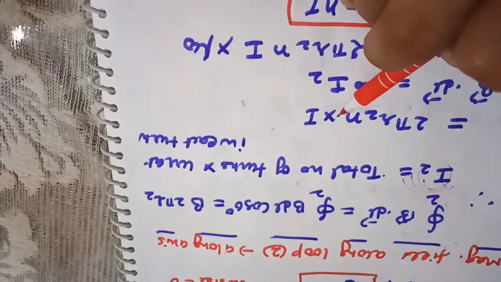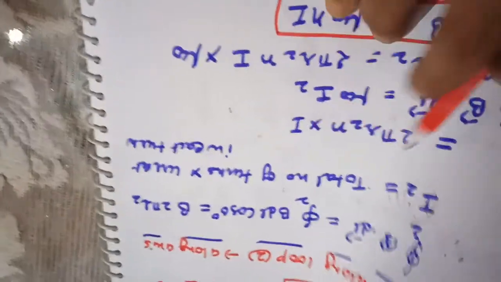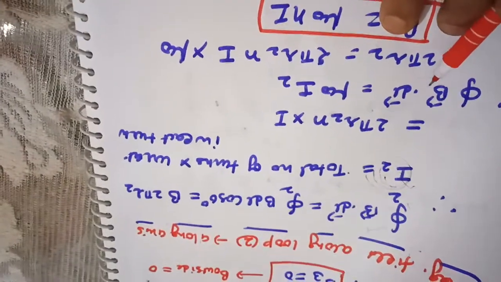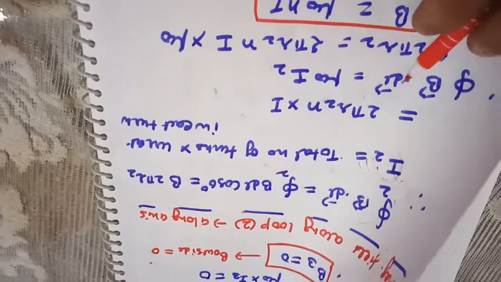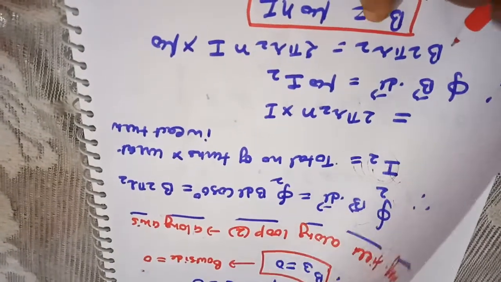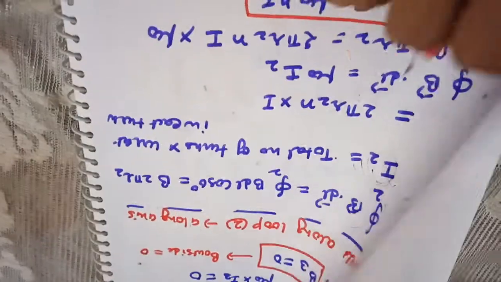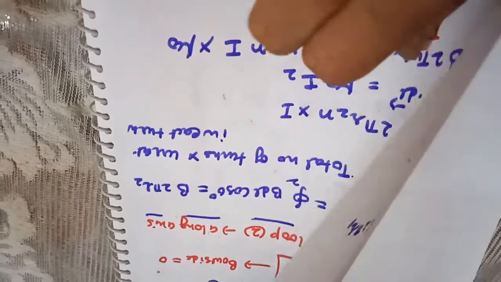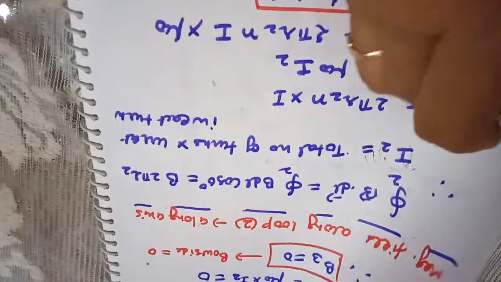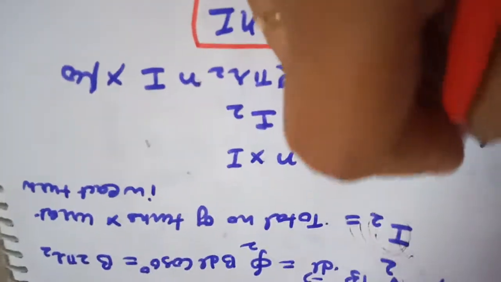The current in each turn is equal to I. So closed integral B dot dl is equal to mu naught I2. What is this? B 2 pi r2. The total current is 2 pi r2 n into I. This is the value of I2.